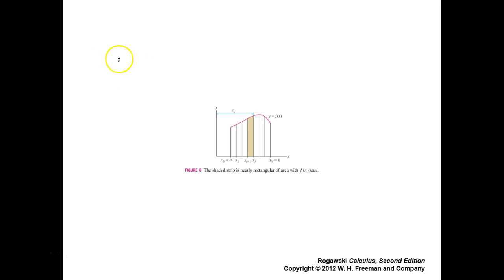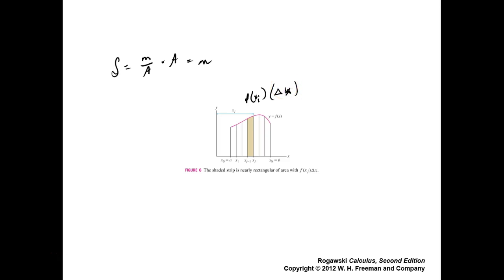The density is the mass per unit area. It looks like a pressure, but it's a mass density. Multiply that by the area, and you get the mass. So the area here is that height, y equal to f of x sub j, times your width, delta x.